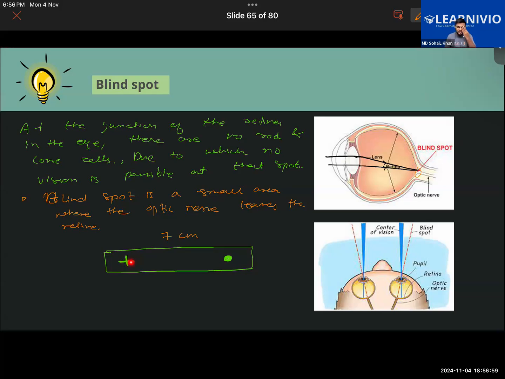You will see the black dot. Now start to bring the sheet of paper slowly towards yourself while you keep your left eye closed. At a certain distance, you will see that the dot will start to disappear.